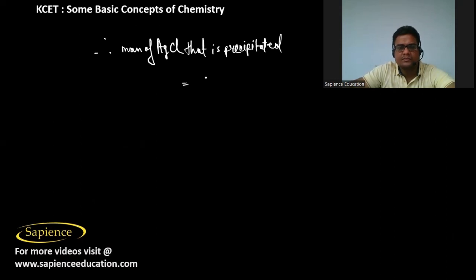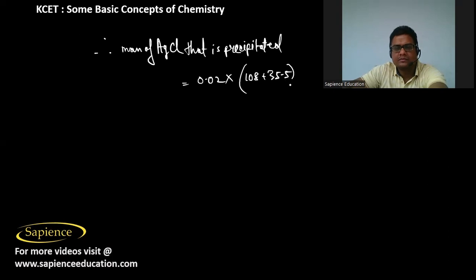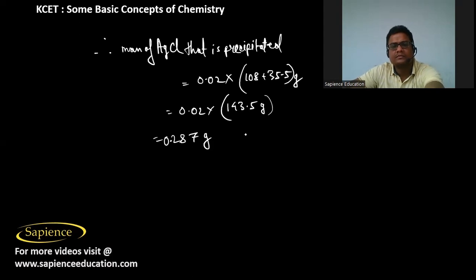is equal to 0.02 moles of AgCl, and the molar mass of AgCl will be 108 plus 35.5, that is 143.5 gram. So that will be 0.02 into 143.5 gram.